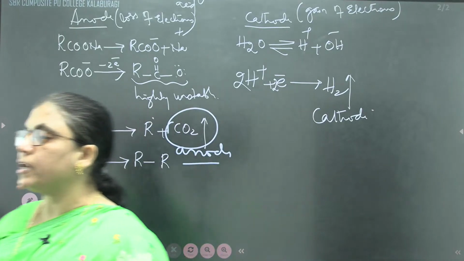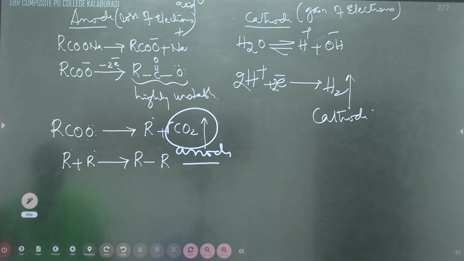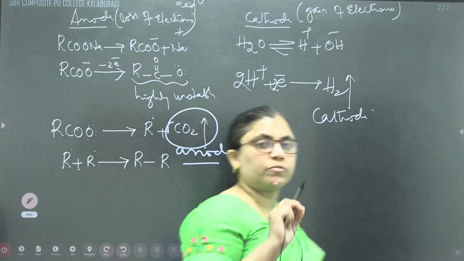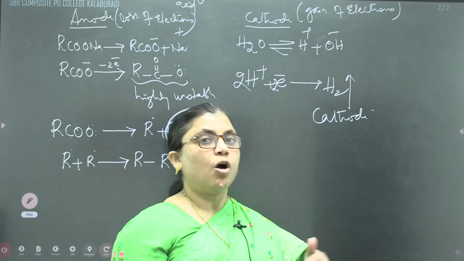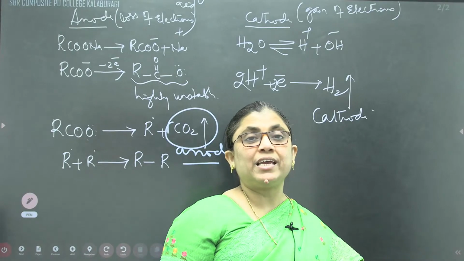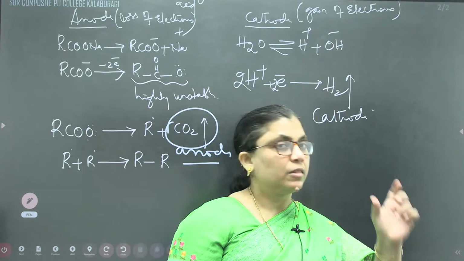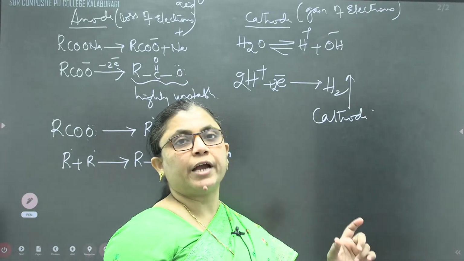How does Kolbe's electrolysis take place? At that time we can write that the sodium or potassium salt of a carboxylic acid on electrolysis in aqueous medium will form a saturated hydrocarbon.